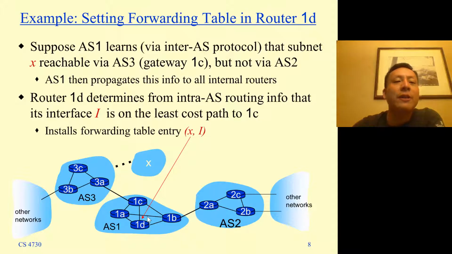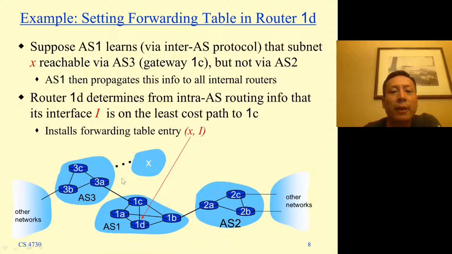So let's suppose that autonomous system 1, this router 1D, received a datagram. Before that, we suppose that AS1 is connected to both AS3 and AS2.